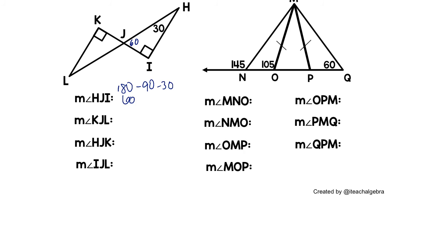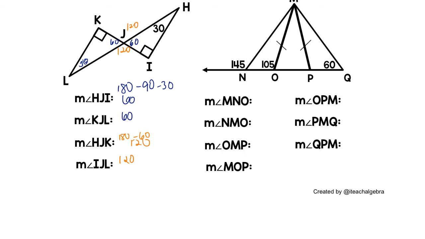We know that HJK is 180 minus 60, or 120. We know that KJL is also 60 because it's a vertical angle. And IJL is 120 because it's also a vertical angle. We also know that KLJ is 30.